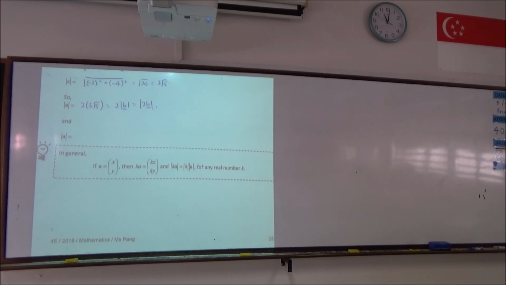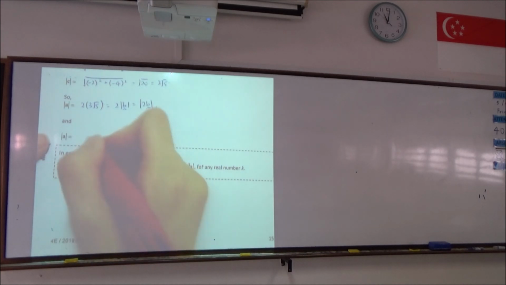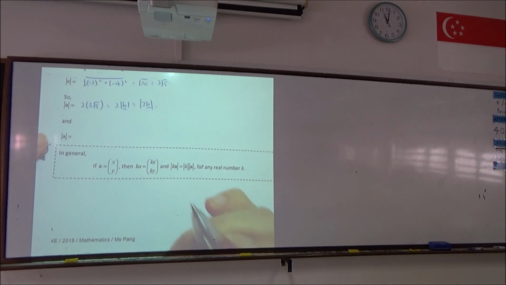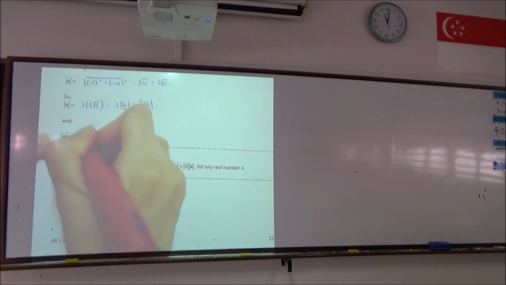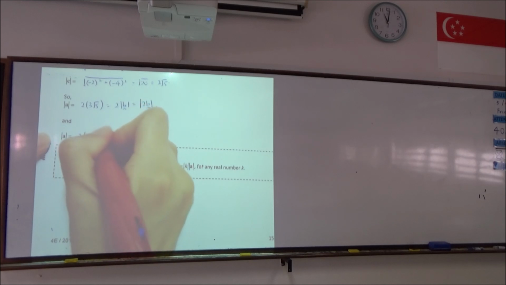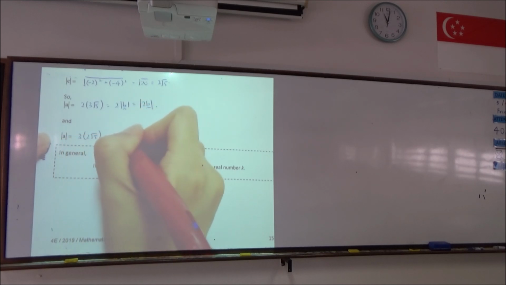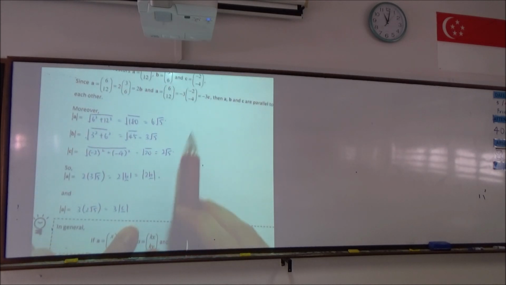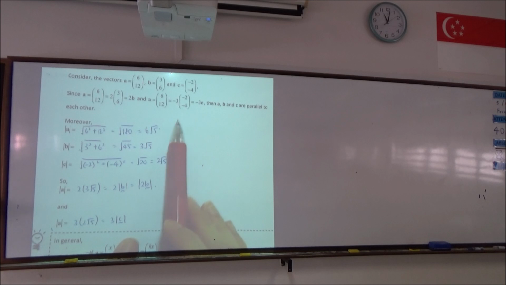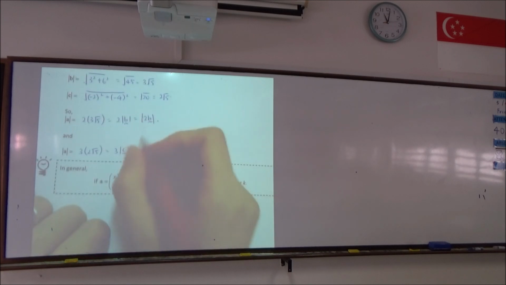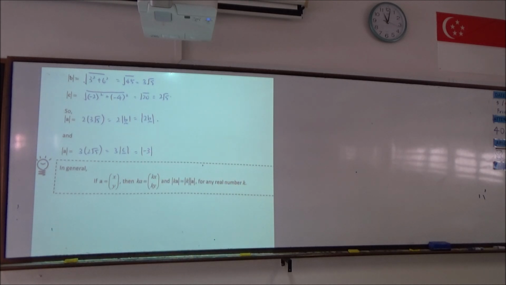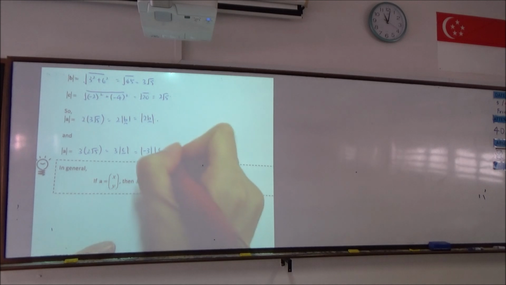Likewise, the modulus of A would be 3 times the modulus of C. Although over here, the relation between A and C is a negative 3, the modulus of negative 3 is equal to 3.